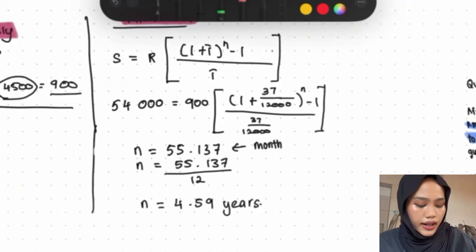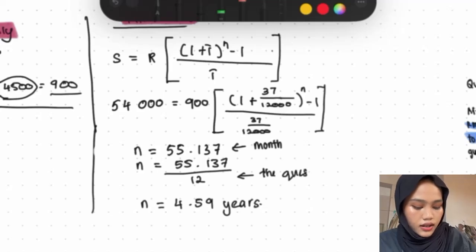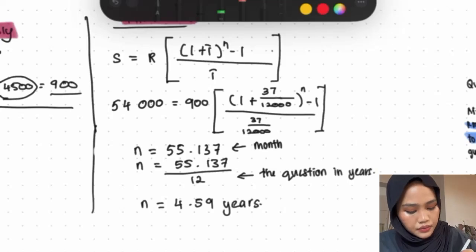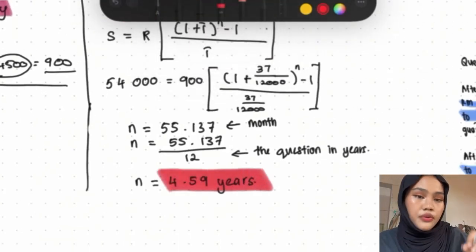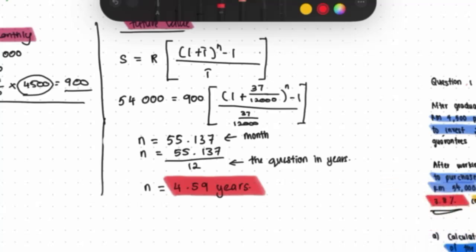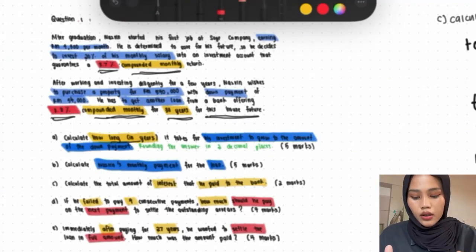So we need to divide by 12. Here is our answer, 4.59 years. So we're moving on to question B.